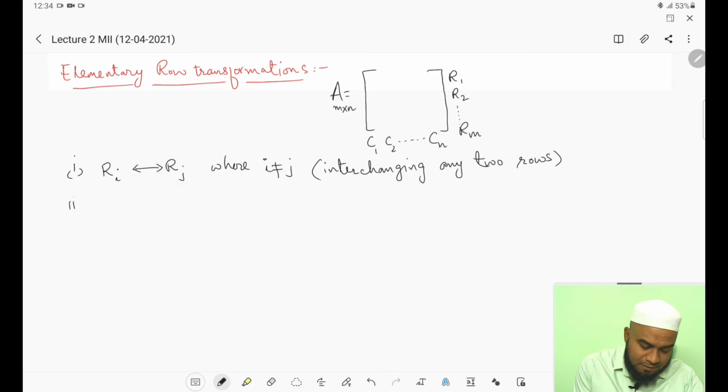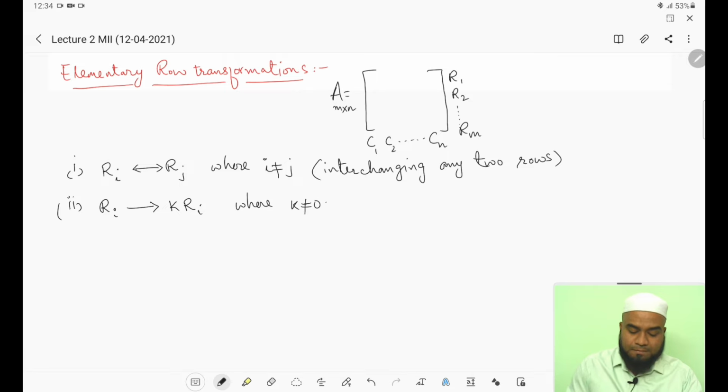The second one is we can multiply any row with a non-zero scalar, right? Suppose I am having row Ri. This row Ri can be multiplied with some constant, non-zero constant k into Ri, where this k is not equal to 0, non-zero constant, right? We should not multiply any row with a 0 constant.